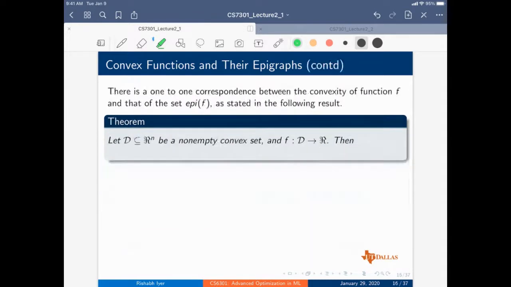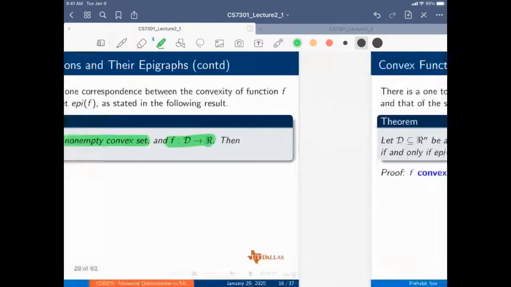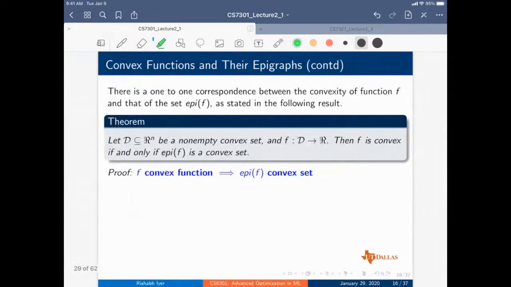So the theorem basically says that let D be a non-empty convex set, that is a domain, and f is a convex function. Then f is convex if and only if the epigraph of f is a convex set. Here the proof goes in two steps. Again, this is just a takeaway for when you're proving things.